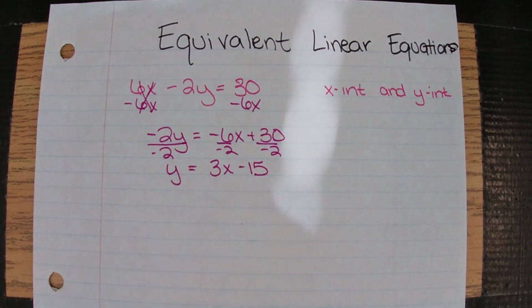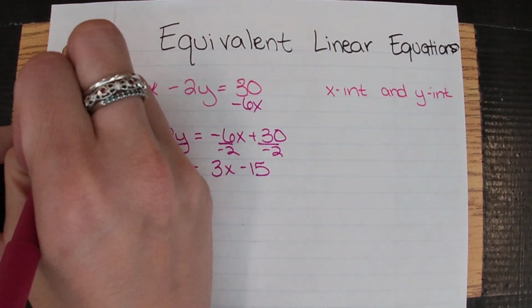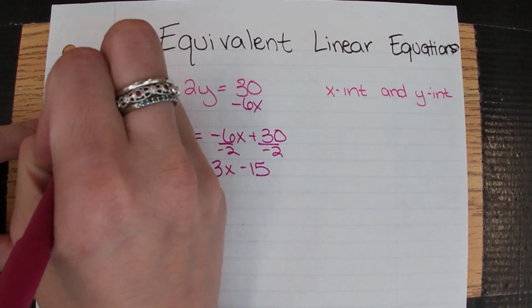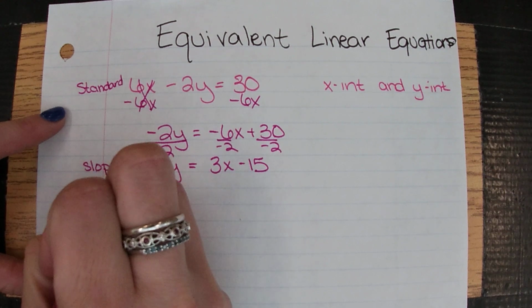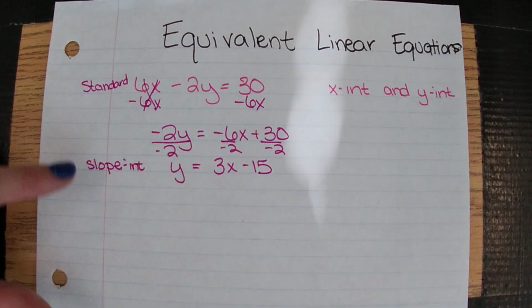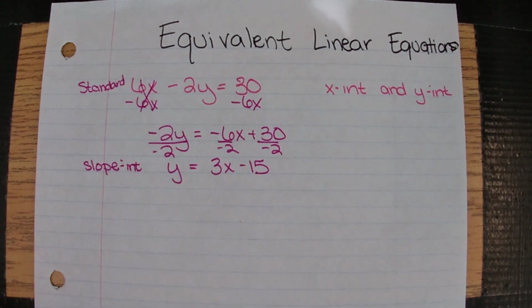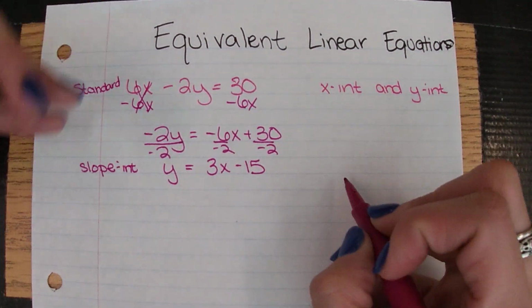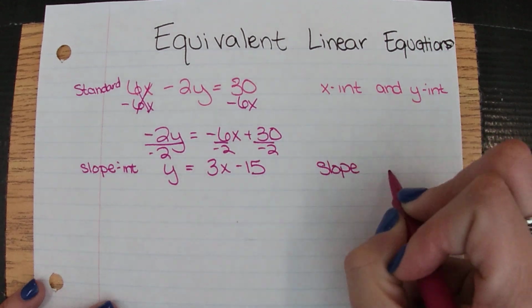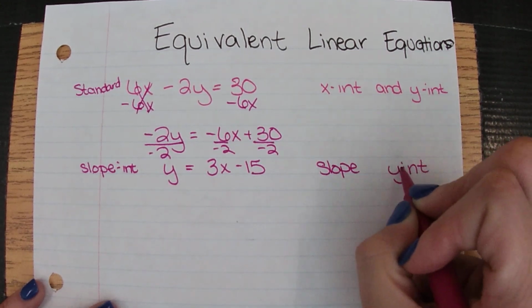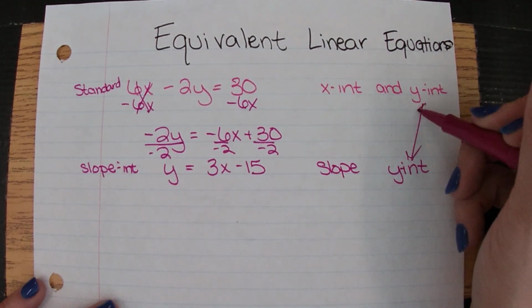Okay, and when we solve this, up here we were in standard form because x and y are together. Down here we are in slope-intercept form. And now when we're in slope-intercept form, we are able to find the slope, which is something we weren't able to find before. Here we can find the slope and we can find the y-intercept. And so the y-intercept is the same either way, right?